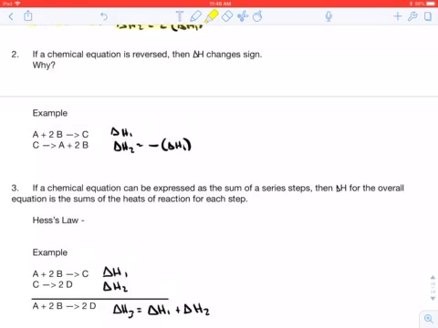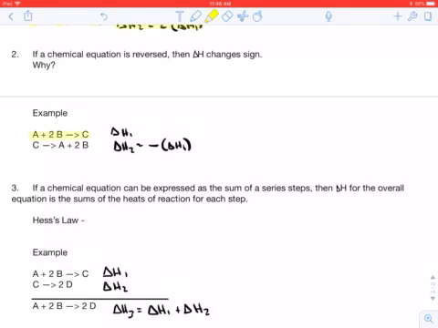Our second statement says, if a chemical equation is reversed, then delta H changes signs. Let's take a second to think about that one. Why do you think that if we flip the reaction, delta H changes signs? Well, if you looked down at this example, that's not cheating, that's using your resources wisely.